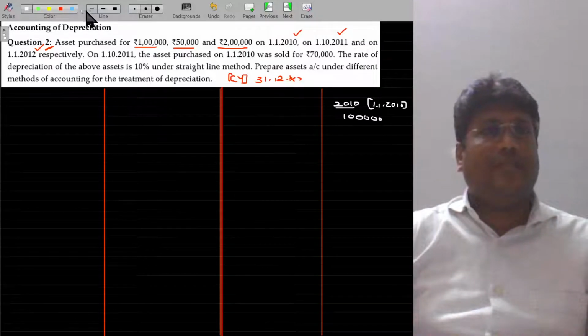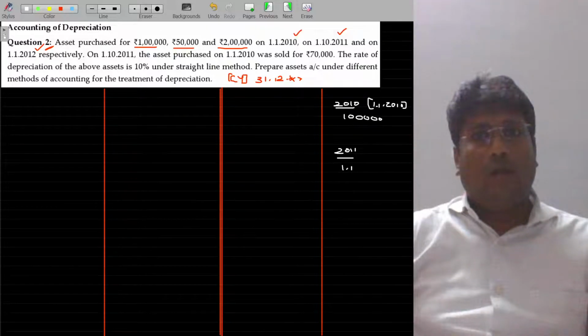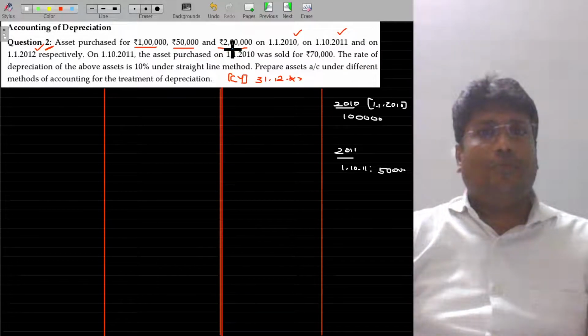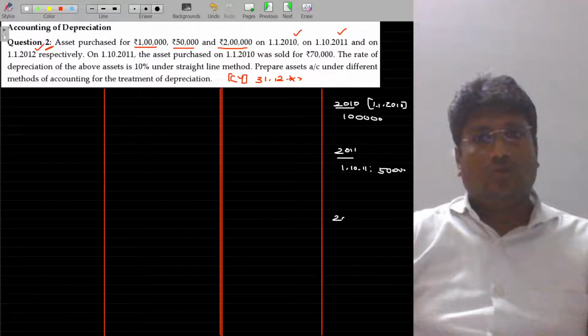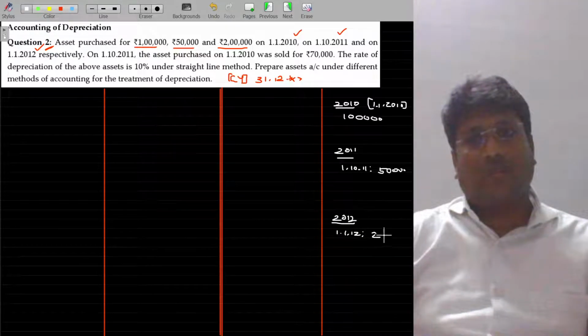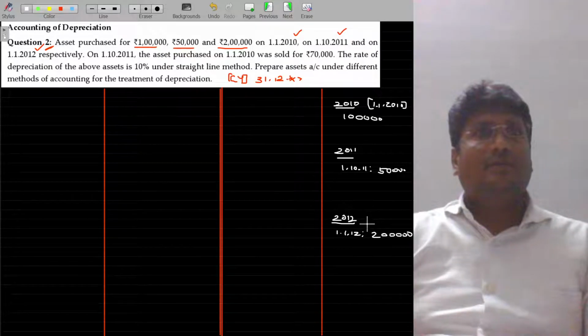Another asset was purchased in the next year, not the same year. So in 2011, they purchased another asset for rupees 50,000. Another asset for rupees 2 lakhs was purchased in 2012. So they have purchased 3 assets.